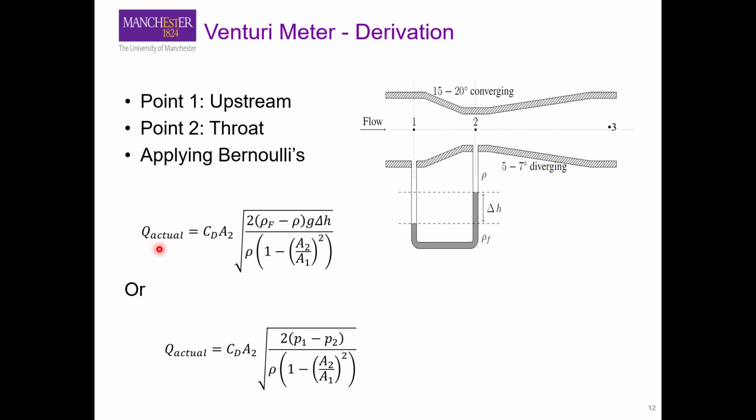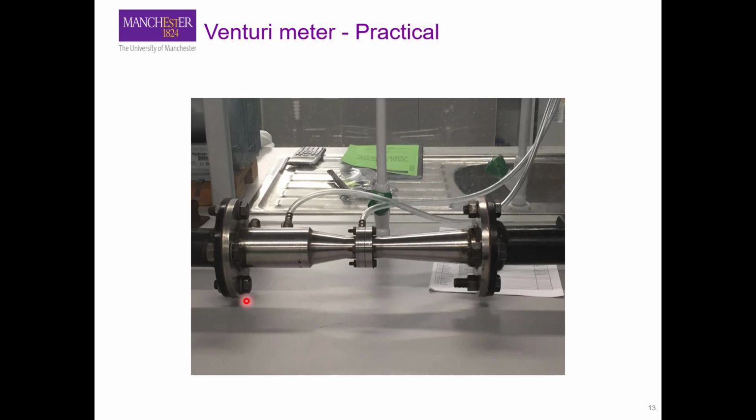Okay, so this is what you will see in the lab as well. As you can see here, you have a Venturi meter, you have a point here, that is where you have the parallel throat section. So you have one tube here, and then you have one tube upstream of this Venturi meter.